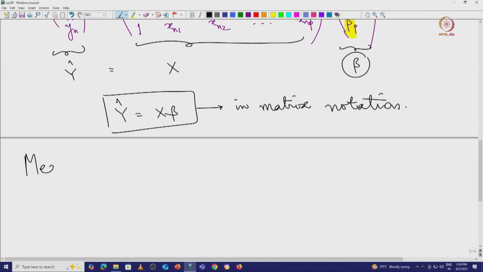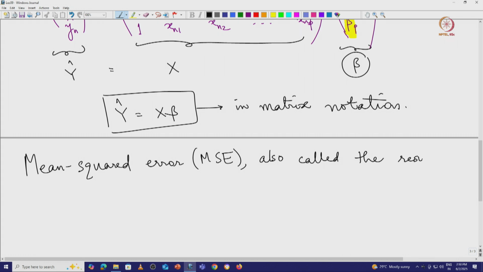So we will define the mean squared error, MSE, which is also called the residual sum of squares. Okay.